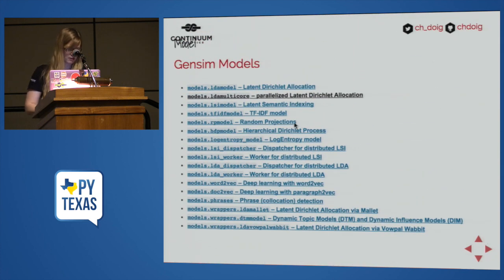There's the random projections, and then there's the hierarchical Dirichlet process. So there's a bunch of models that you can use to cluster documents together, or more than clustering the documents, you're clustering the topics that those documents talk about. So there's two different layers of it, right?